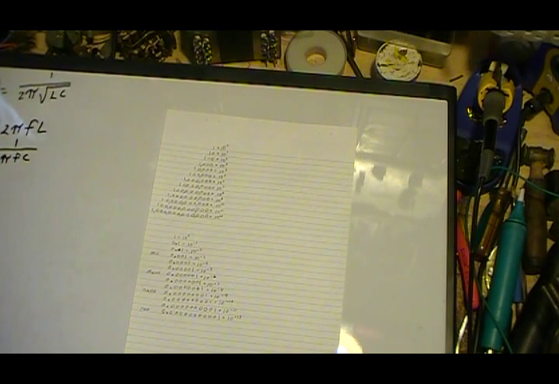But sometimes some of them you buy, they'll have like 103 or 153 or 154 or 152 or 102 or things of this nature. And I wanted to go over exactly what that means and how you figure it out.